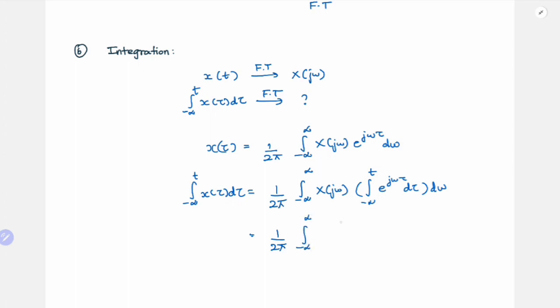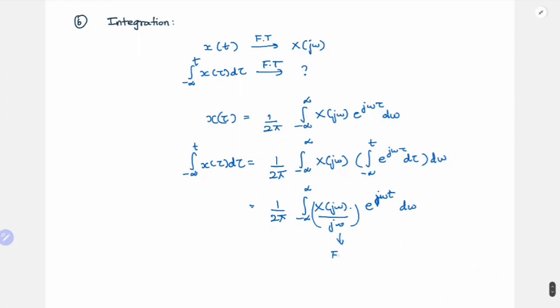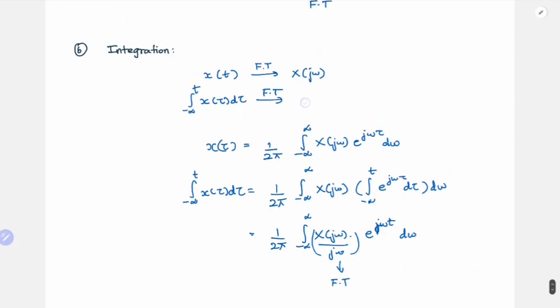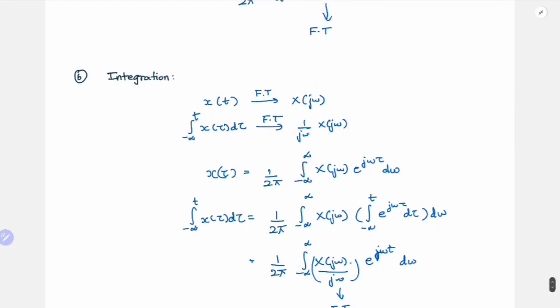Minus infinity to infinity X of j omega into e power j omega t, because it has become t here now, into d omega. We have a 1 by j omega factor here. So this will be the Fourier transform for me. So this is nothing but 1 by j omega X of j omega. So I get a division by the factor of j omega for the integral.